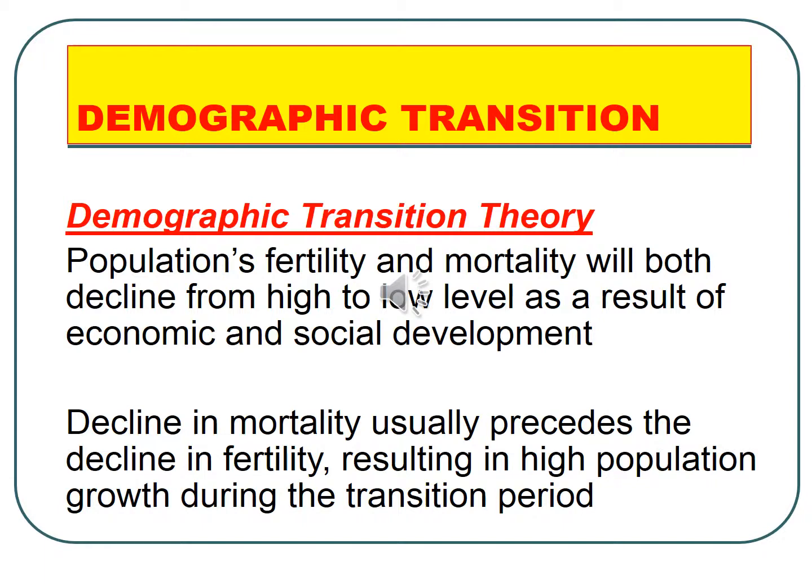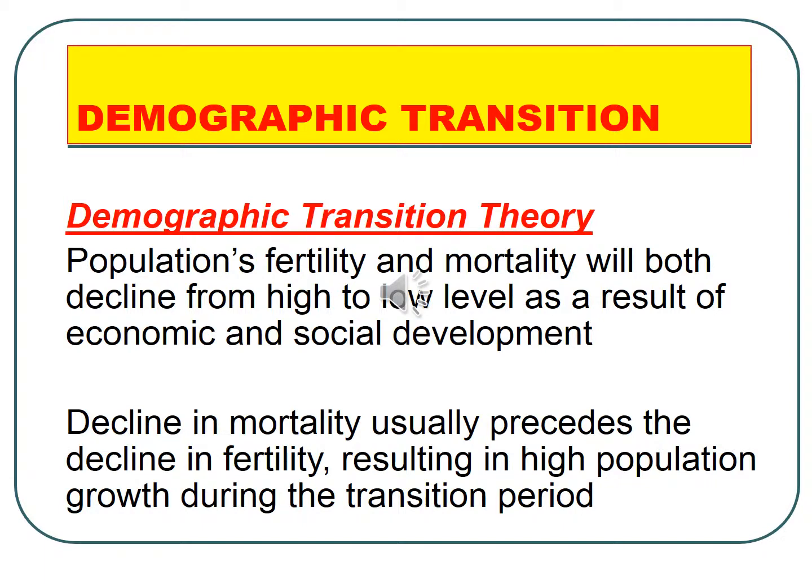Let us look at demographic transition. The theory states that a population's fertility and mortality will both decline from high to low level as a result of economic and social development.